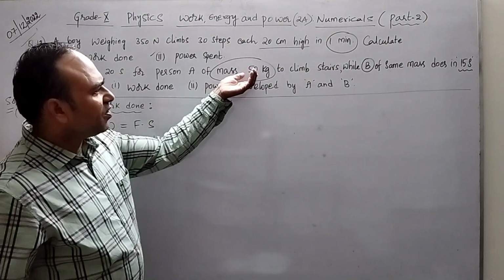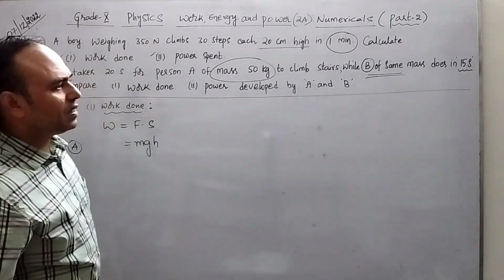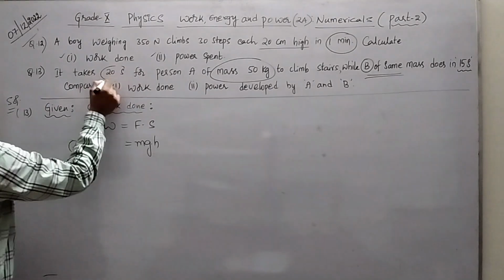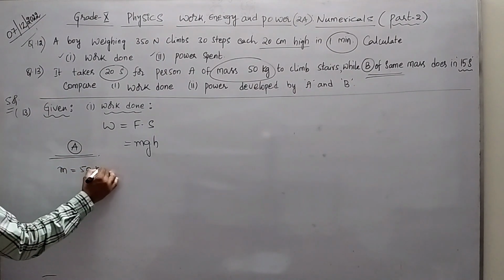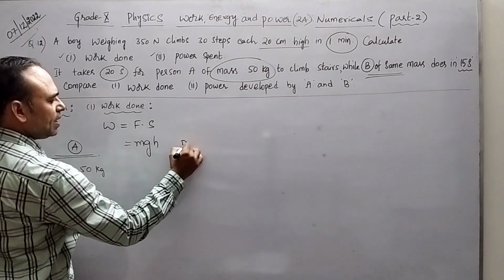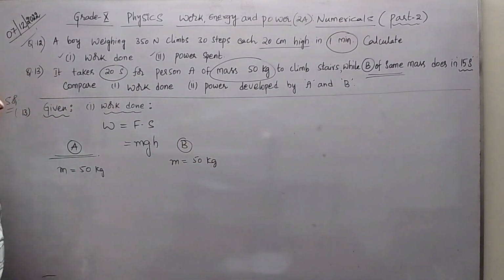So he has mass of 50 kg and B is having same mass. He has done in 15 seconds, but A has done in 20 seconds. So if you consider A, so mass is 50 kg. If you consider B with the same mass 50 kg.